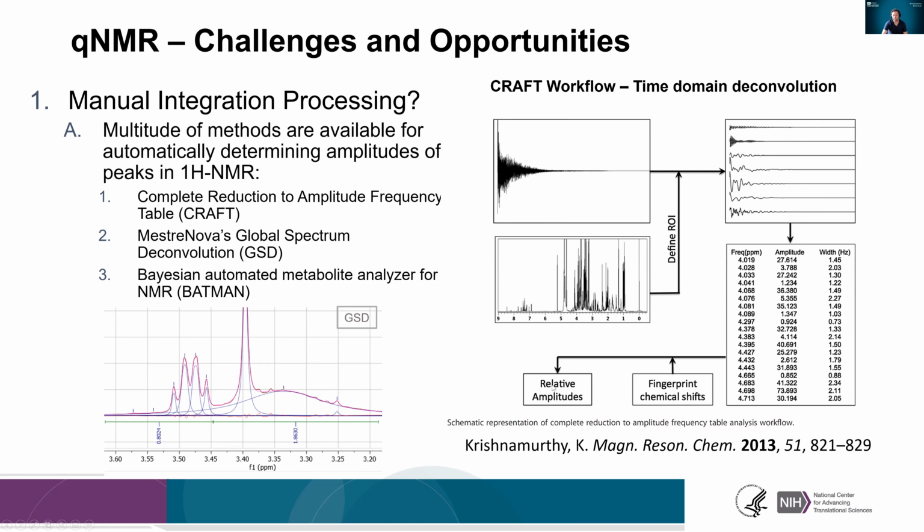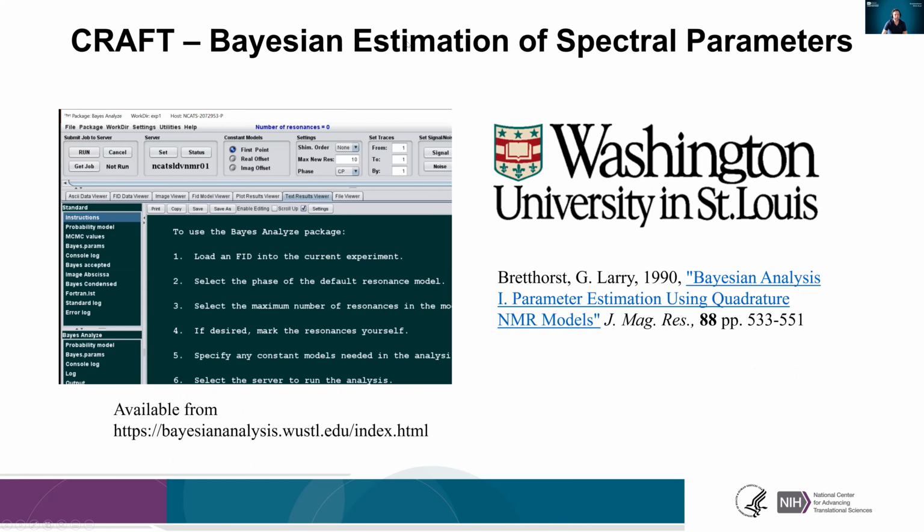So from that, it's very easy to calculate relative amplitudes, and it's something I'll highlight a little later. You can create fingerprint chemical shifts. The computational power behind CRAFT is Bayesian estimation of spectral parameters, and there is an open source toolbox offered by Larry Bretthorst at Washington University in St. Louis.